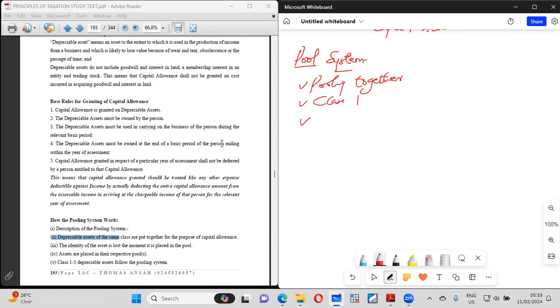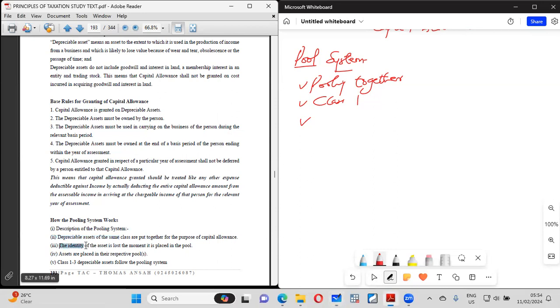One thing you should understand is that once you become part of the pool, your individual identity is lost. It's like a woman and a man coming together as a married couple. Once you come together, there is nothing like me. It is always like us. So once you become part of the pool, your individual identity is lost.